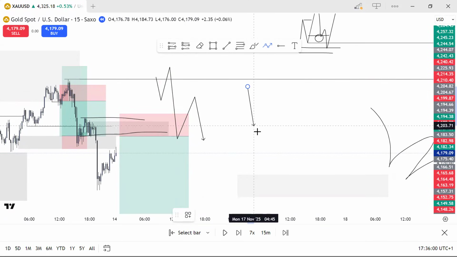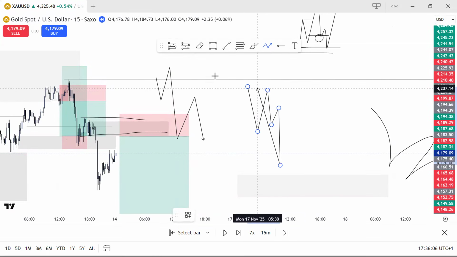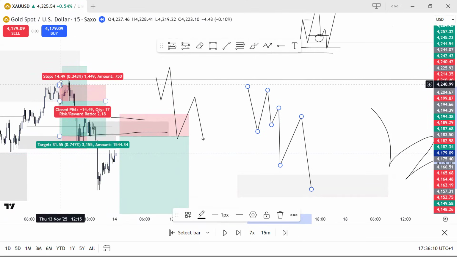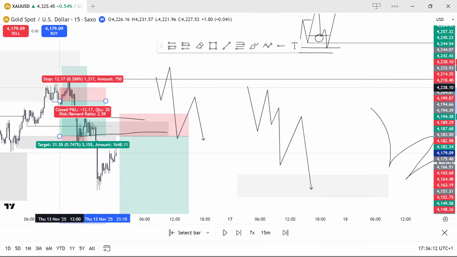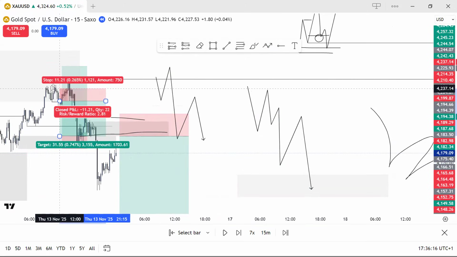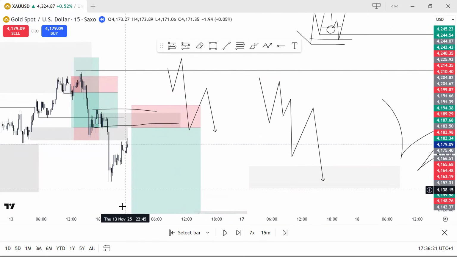Price came, did as everybody wanted to buy, failed. So price is not going to go to your other block; price is going to come here and sell. So that's what happened. Even though you mistakenly do this, because this was not a very good impulse, you would have caught it here.